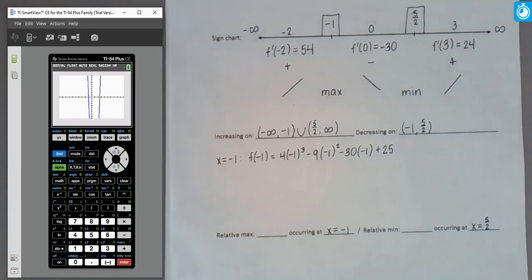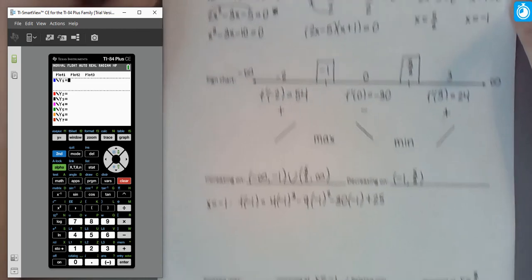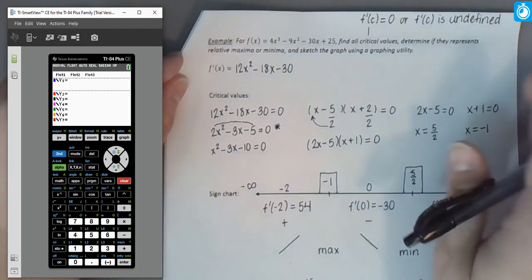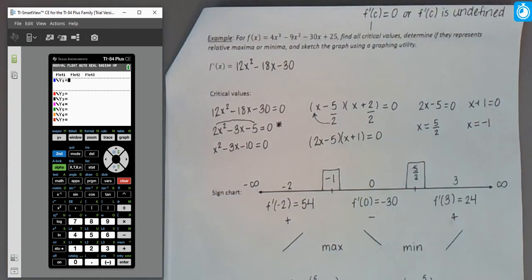I'm going to show you a couple different ways you can evaluate this. One way is using the graphing utility, but keep in mind what we have graphed right now. We have the derivative graphed. If we want to get the function values, we need to graph the actual function itself, which we wanted to do anyway. We wanted to sketch using a graphing utility at the very end. So let's go ahead and do that, and then we can use this graph.